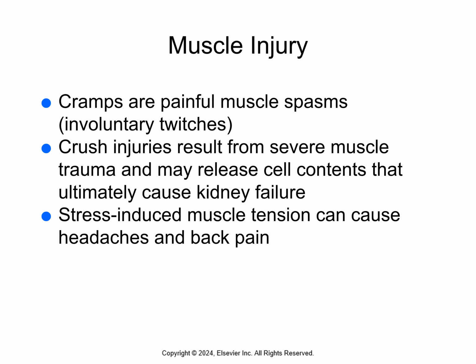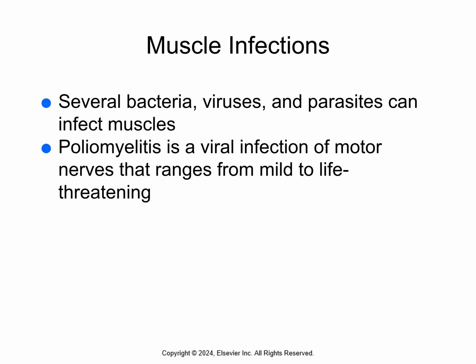You tear your muscle and all the potassium leaks into your bloodstream, and your kidneys start shutting things down. You're going to learn that the kidneys are the divas of the body. They can't handle much. Most of your stuff in your body is very resilient. They'll fight for you. Your kidneys have a threshold that says, bye, Felicia. So that's why we call them the divas. And also, stress-induced muscle tension can cause headaches and back pain.